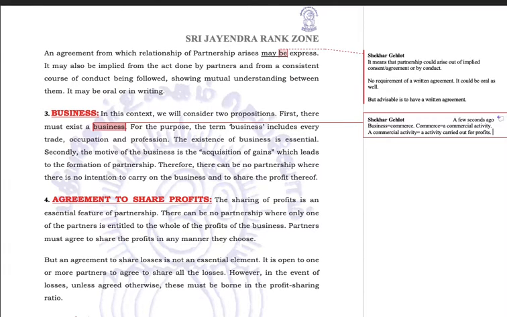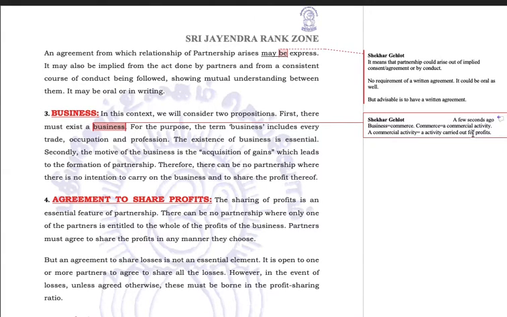Commercial activity is any activity you carry out. It may be a sale, purchase, manufacturing, retailing, dealership, services, goods, it may be anything, but the gist of business is profits.